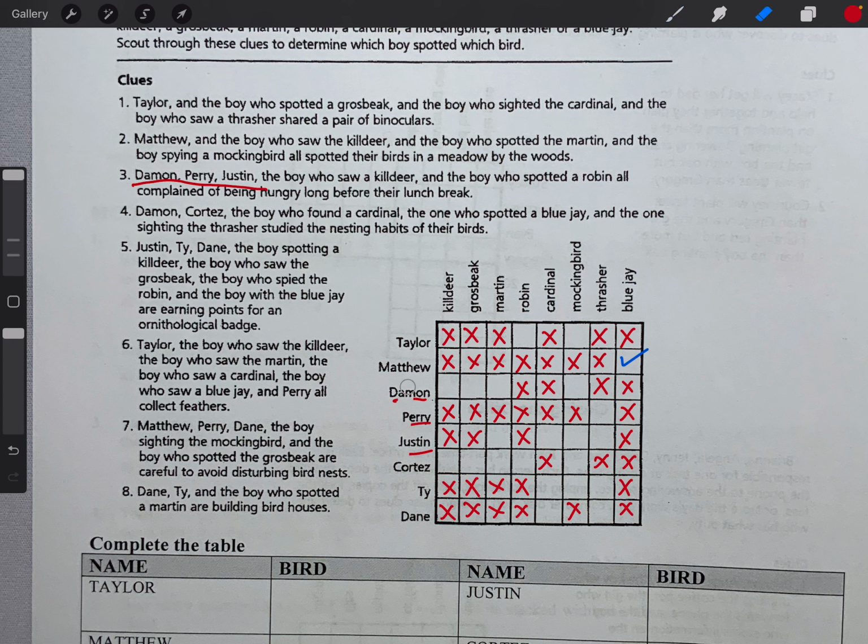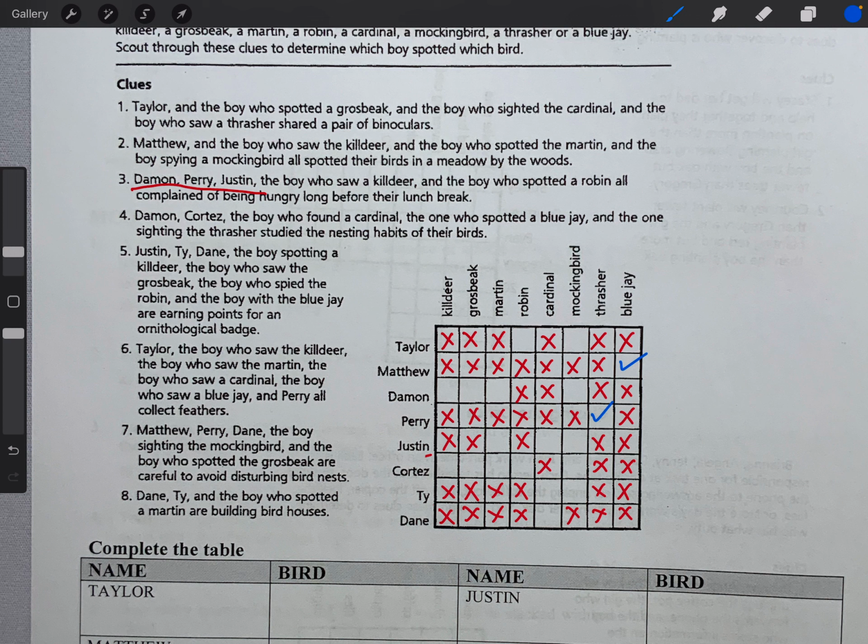If that's the case, then that means this will be true. And that, and that. And if that's the case, this will be true. This, and that will be gone. Something is missing.